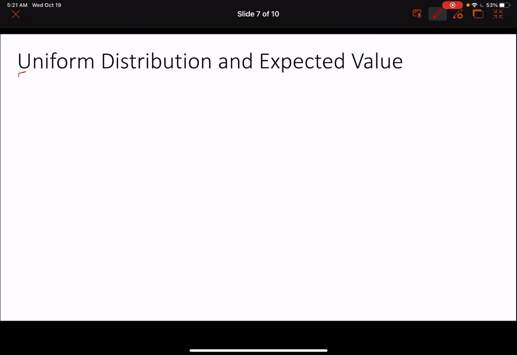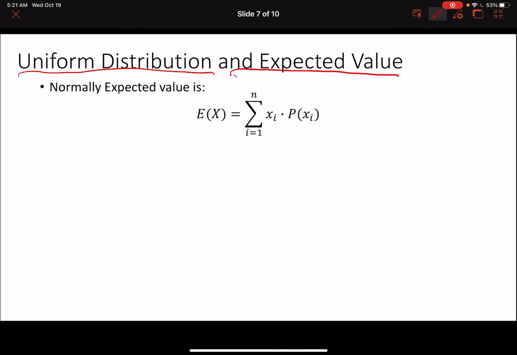Now, when you have a uniform distribution, how does expected value work? Normally expected value is, right? We take all the outcomes, and you multiply every outcome by the probability of that outcome, and then you add them all up.